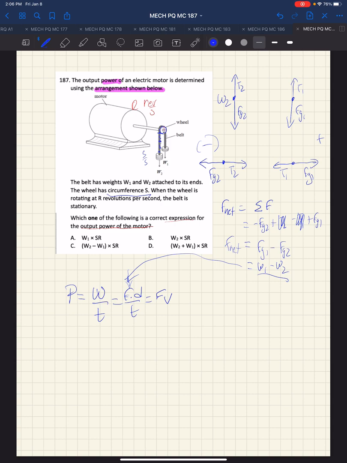We have a distance divided by the time, which is SR. So all of these have a factor of SR with them, which is not something we need to worry about. The question then is, what is the force involved?